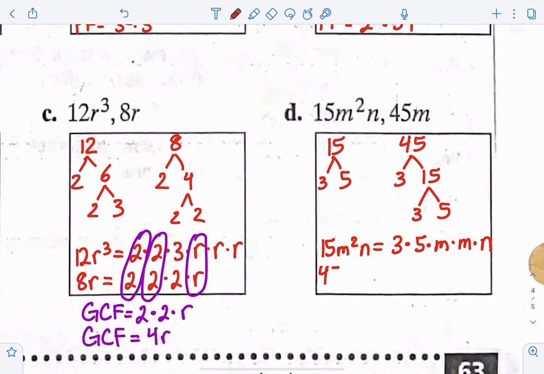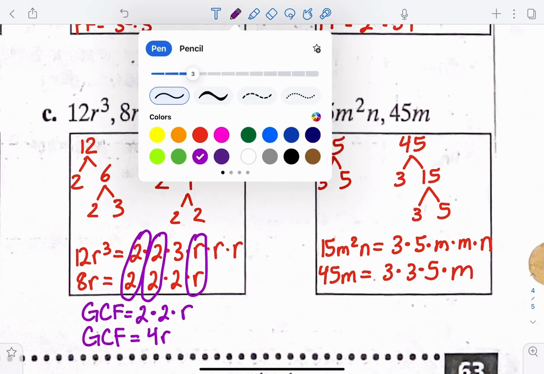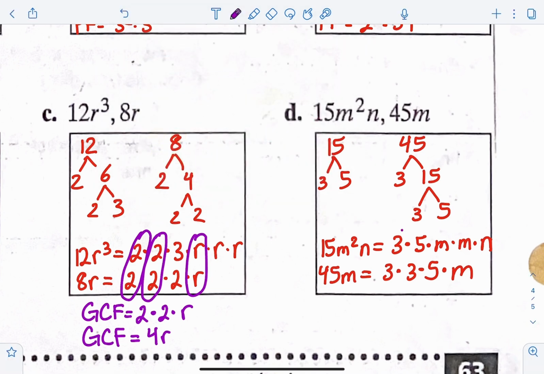For 45m, you're going to take the ends of your trees, so you have 3 times 5 times m, because of that m in this statement. What do they share? They share a 3, they share a 5, and they share an m.